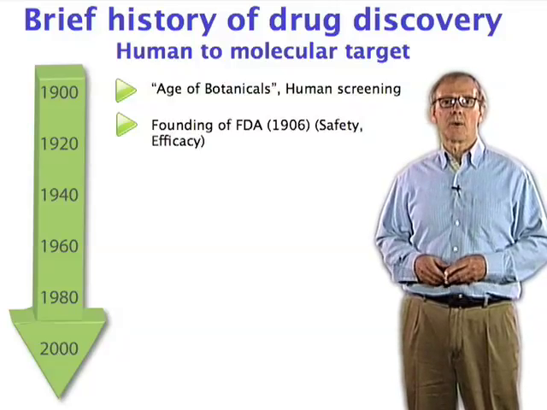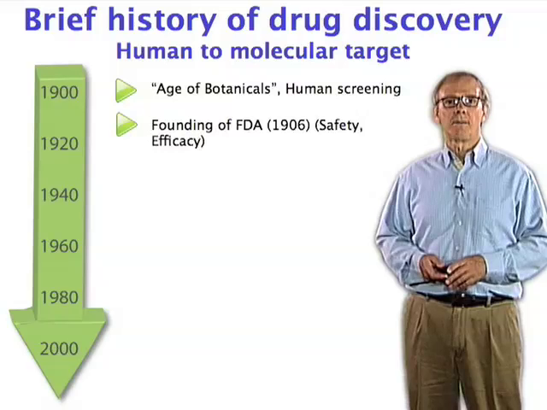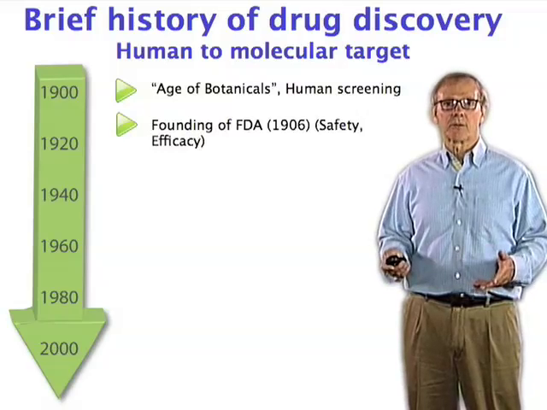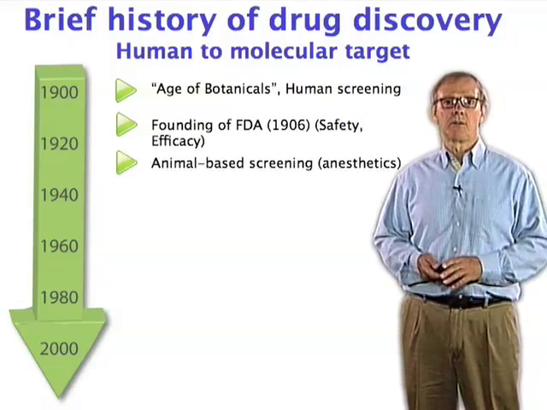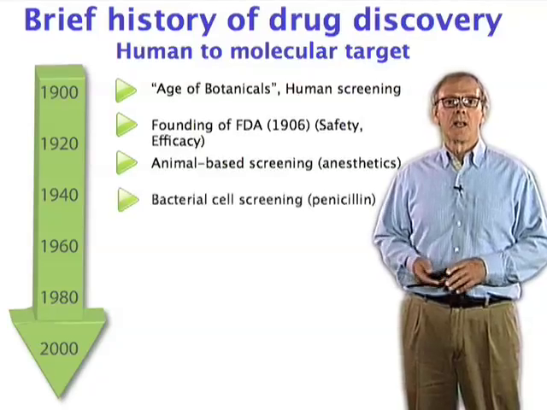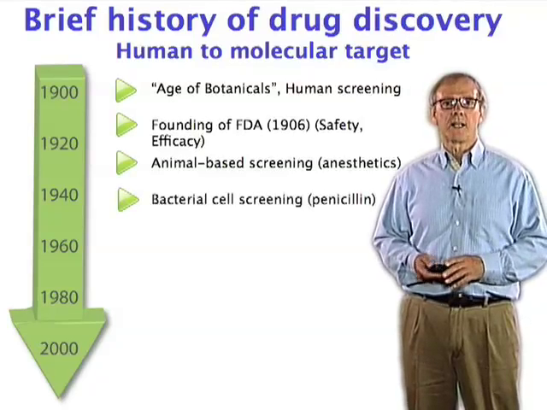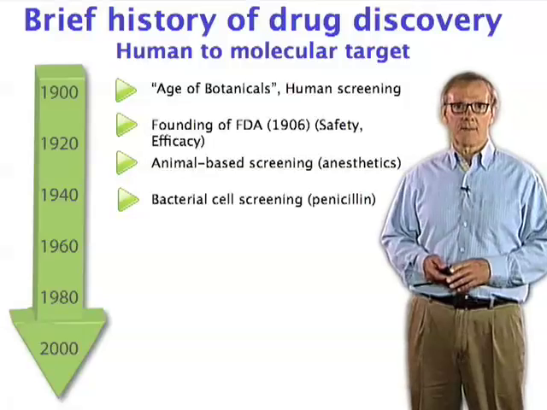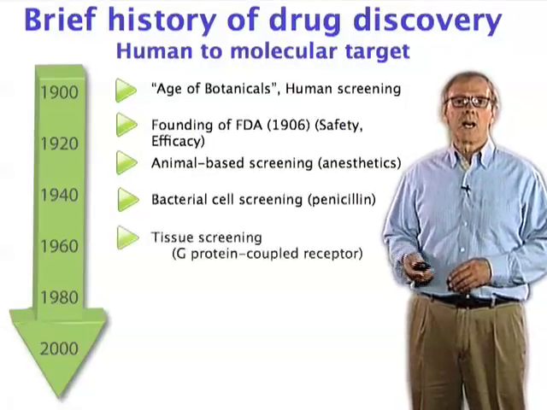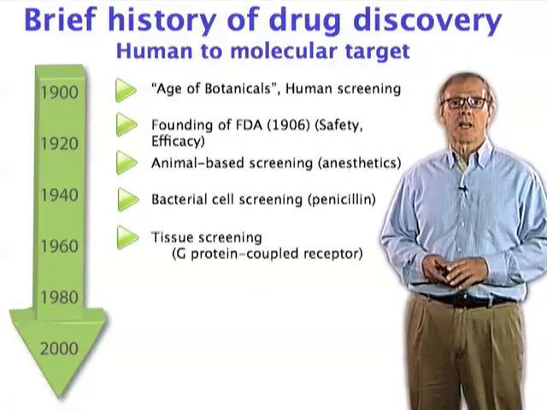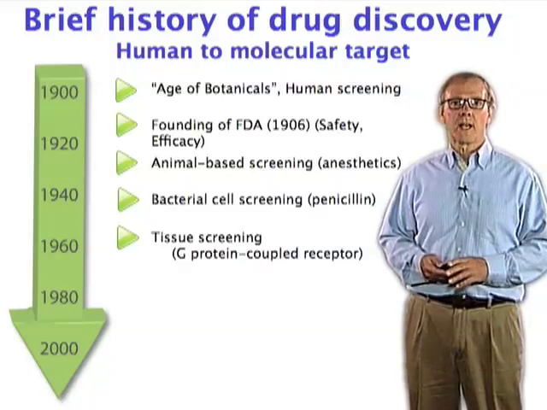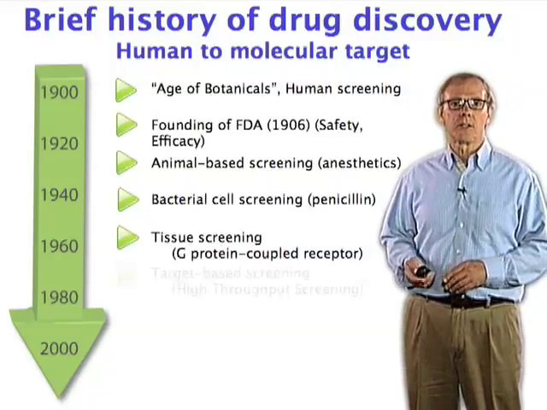in a systematic way. And this led to the development of animal-based screening, for example, to discover anesthetics, bacterial screening to identify antibiotics and the like, and tissue screening to identify compounds that could react with neurological receptors like GPCRs.